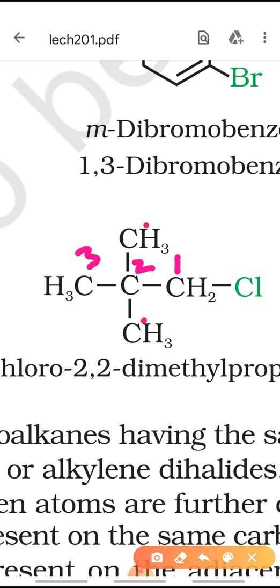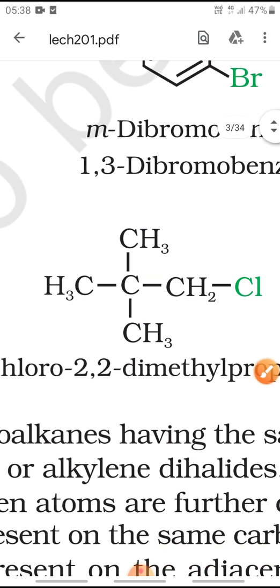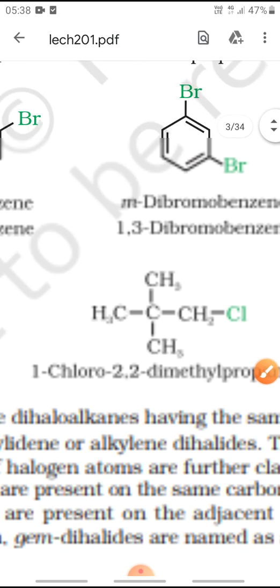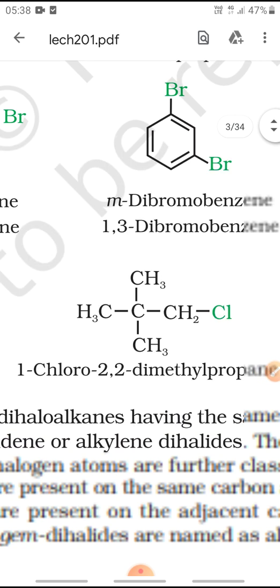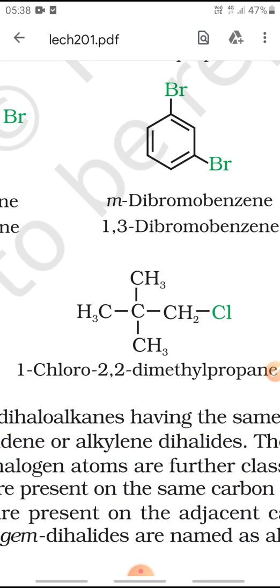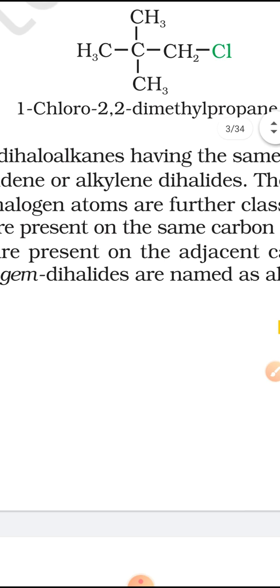On carbon number 2, two substituents are there, that is methyl. Now methyl starts with M, chloro starts with C, so in alphabetical order we will write 1-chloro-2,2-dimethylpropane. That is the name of the compound.